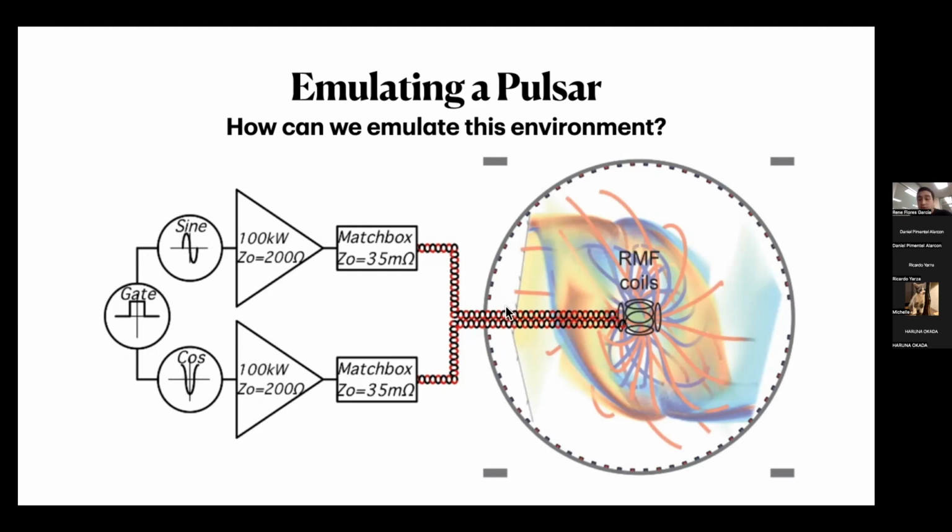We're going to connect one of the channels to some of the coils, and the cosine channel to the rest of the coils, at least for this first iteration, in which we want this magnetic field to be rotating around the equatorial plane. And you'll see a picture of that in a moment.